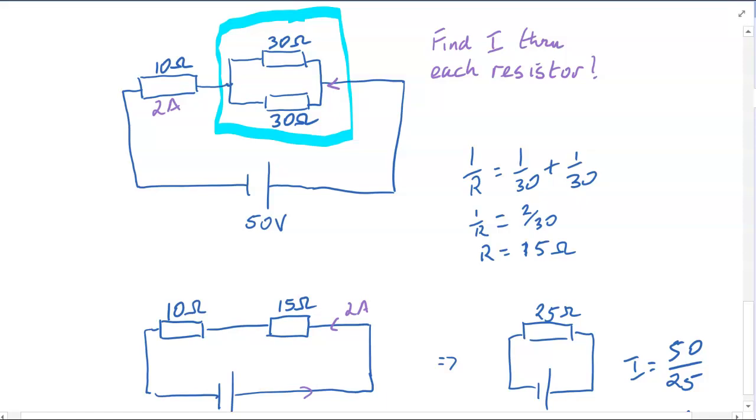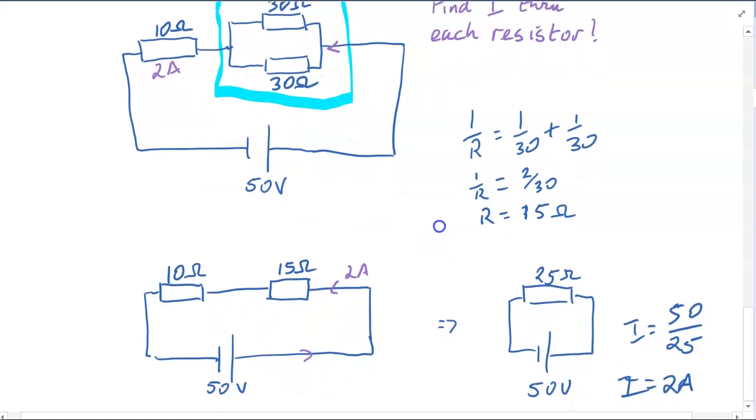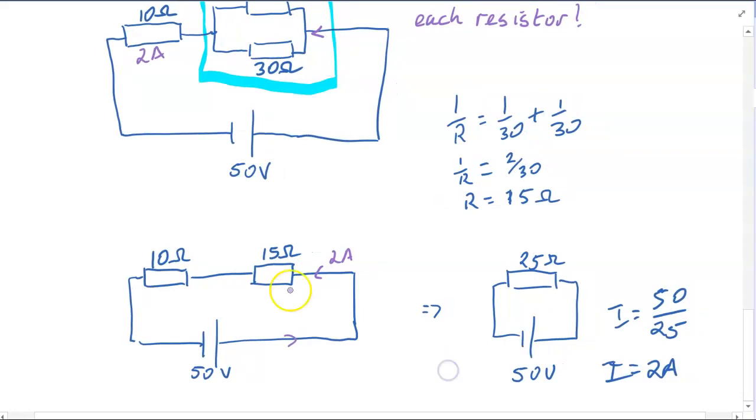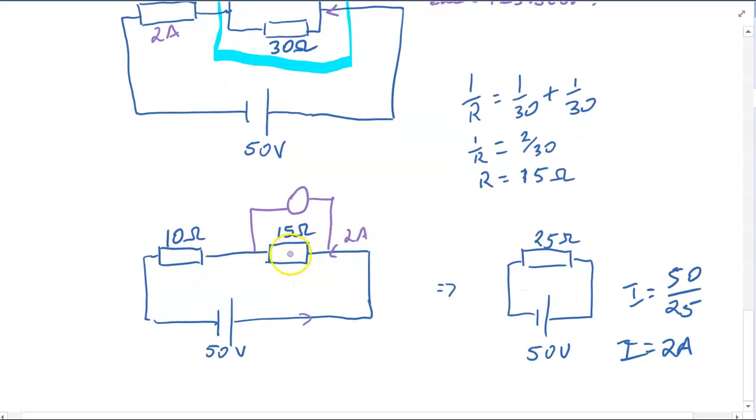But what if they're not equal resistors? So in that case, what you can very easily do is you can work out what the voltage is across there using Ohm's law. Now, I have 2 amps going through here, 2 amps going through here. Why? Because it's a series circuit. So I now have resistance and current for this resistor.